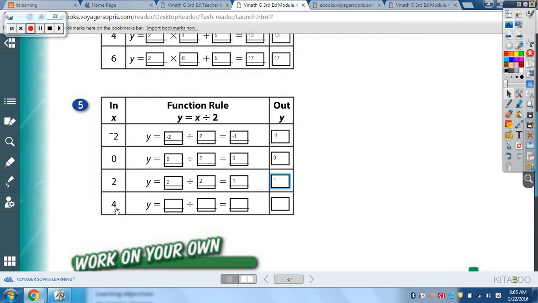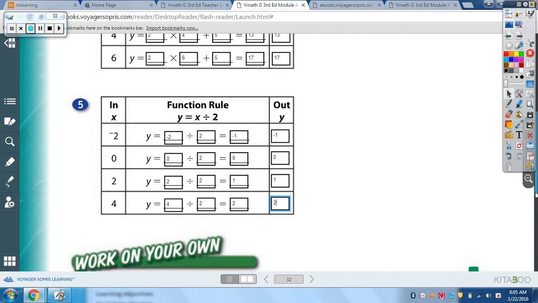And finally, we will input positive 4 for the x. So our new expression will be 4 divided by 2. 4 divided by 2 is 2. A positive divided by a positive is positive. So our answer will be positive 2.